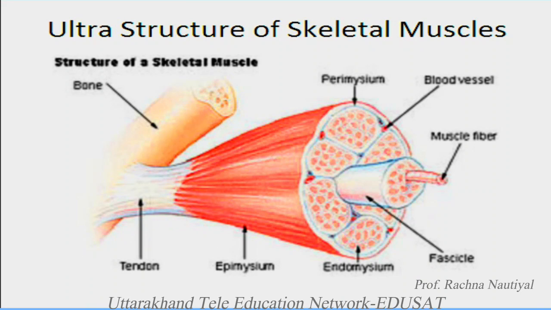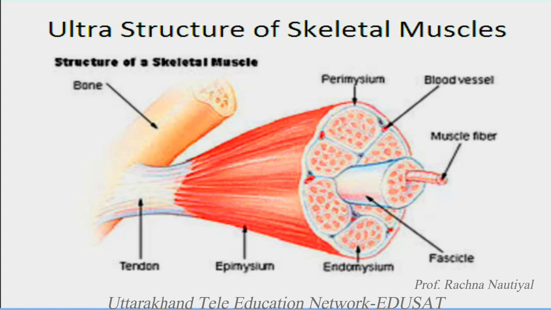Here we can see a bunch of muscles, and this whole structure is called a muscle bundle, and there are hundreds and hundreds of muscle fibers in this bundle, grouped together into separate fascicles.